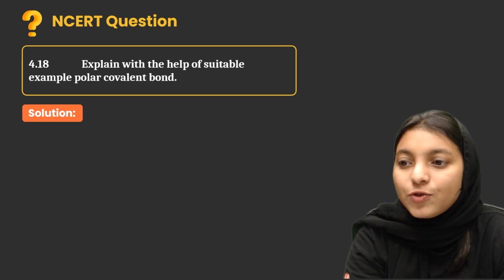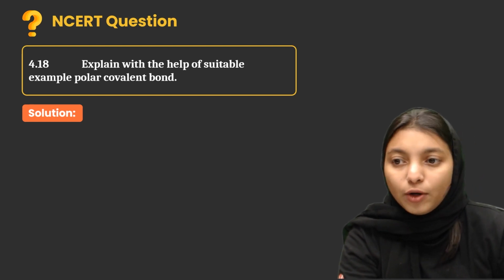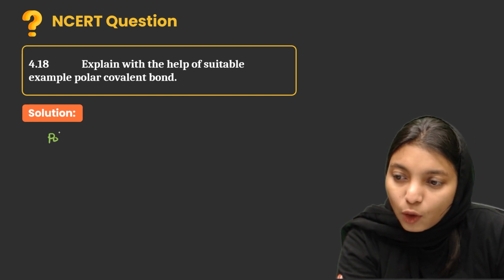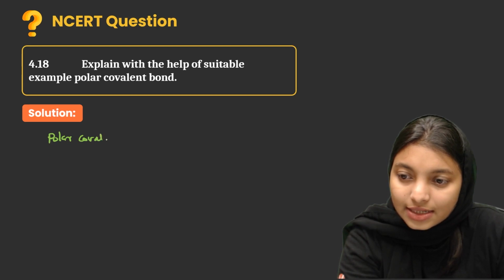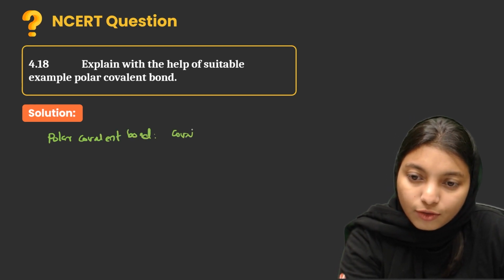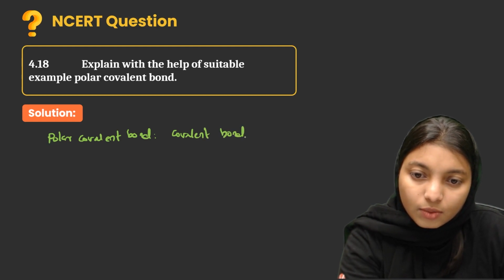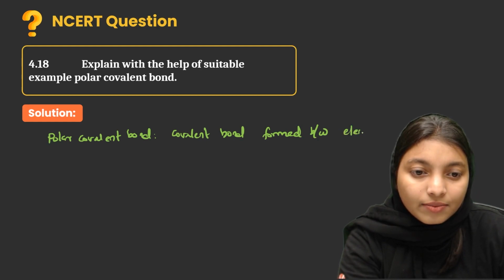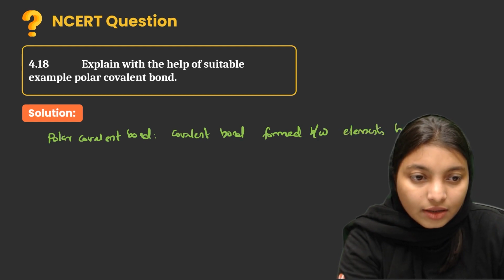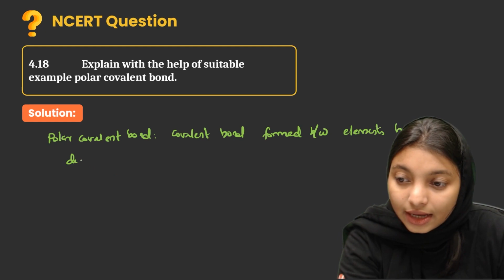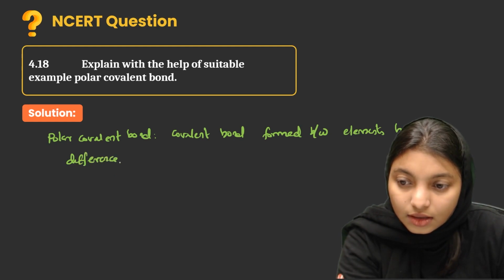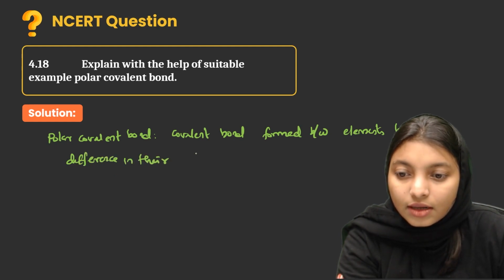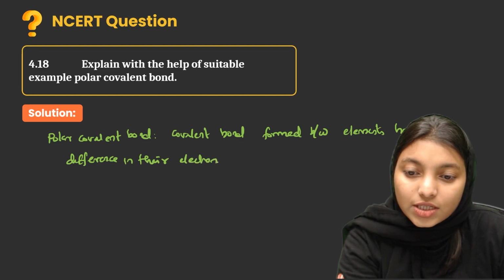Explain with the help of a suitable example polar covalent bond. A polar covalent bond is a type of covalent bond formed between elements having a difference in their electronegativity.